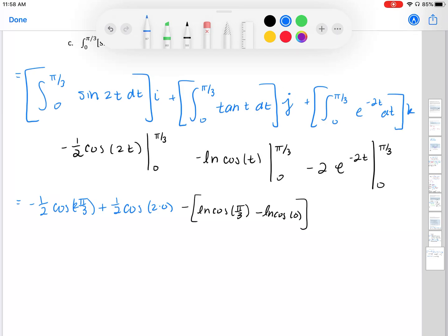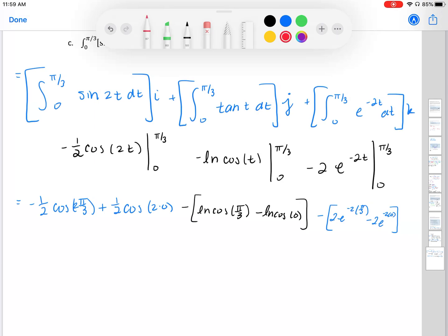And then we have minus, I'll factor out that negative so that I have 1/2 e to the negative 2 times pi over 3, and then minus 1/2 e to the negative 2 times 0.